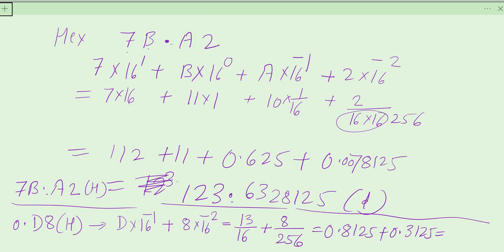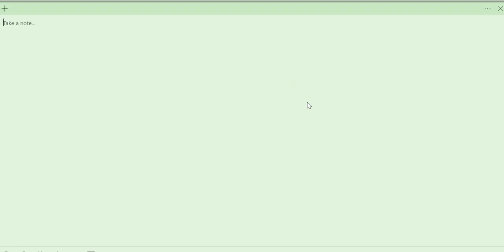So the number comes out to be 0.84375 in decimal. So this hex number is equivalent to this decimal. So this is the conversion of any hexadecimal number to a decimal number. Exactly similar procedure is for binary also.